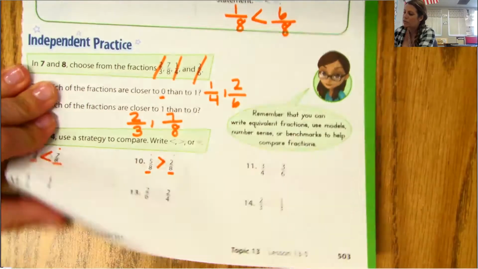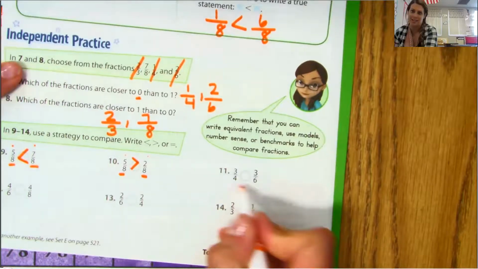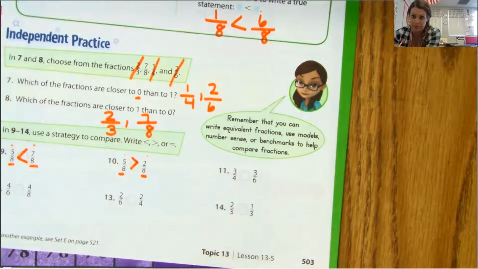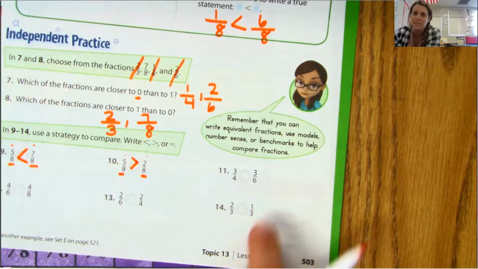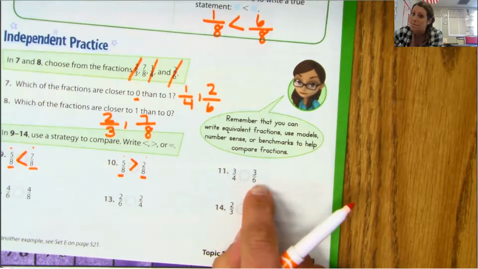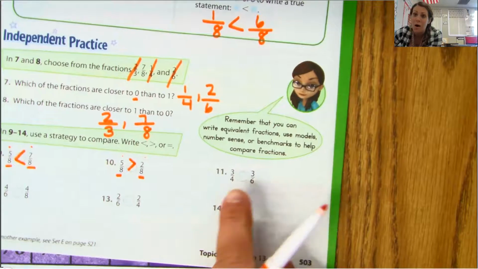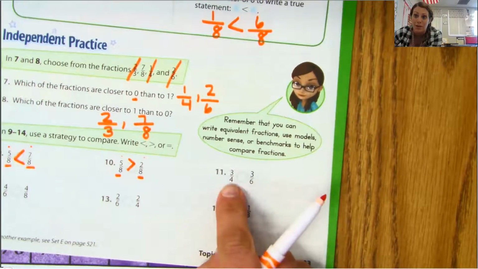All right. Oh, look at number 11. Number 11 does not have the same denominators. It has the same what? It has the same numerators. So remember, we have to think the opposite. Even though 6 is a bigger number, not when it's down at the bottom. We pick the smaller denominator.